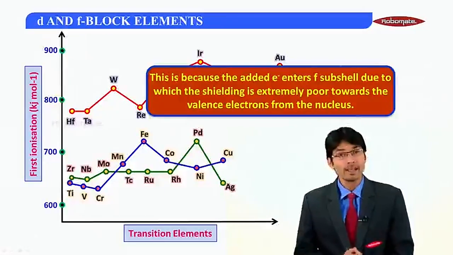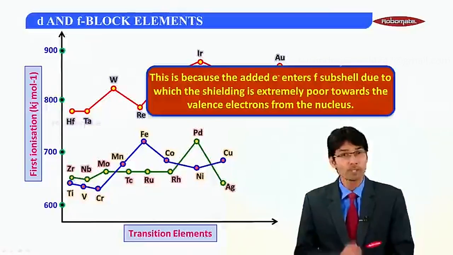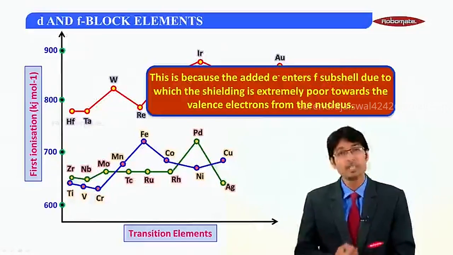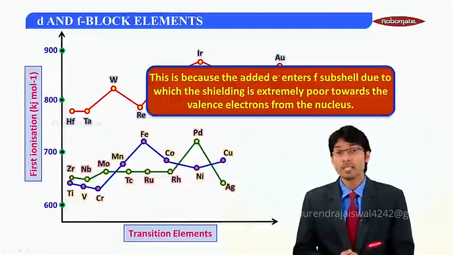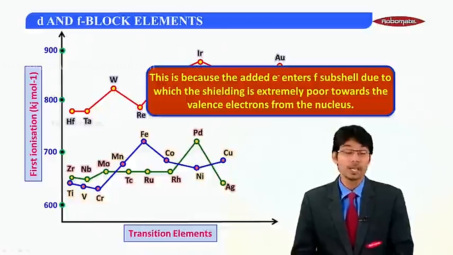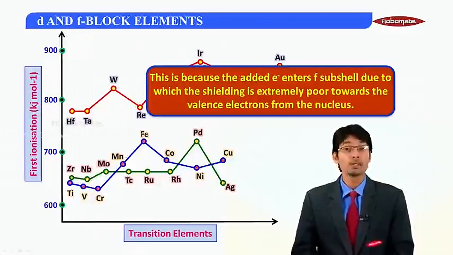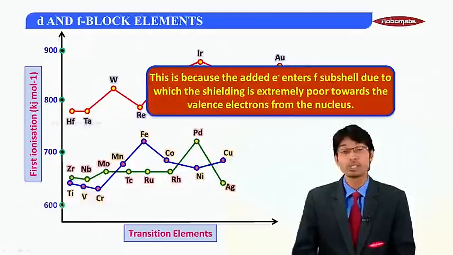As the added electron enters the f subshell, the shielding towards the valence electron from the nucleus is extremely poor. As the shielding decreases, the force of attraction increases and the ionization enthalpy increases. So the ionization enthalpy of the third transition series is very high as compared to the first and second transition series.